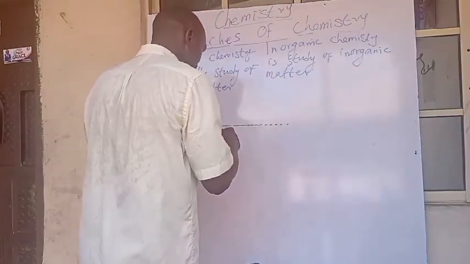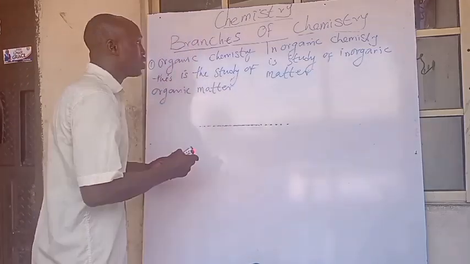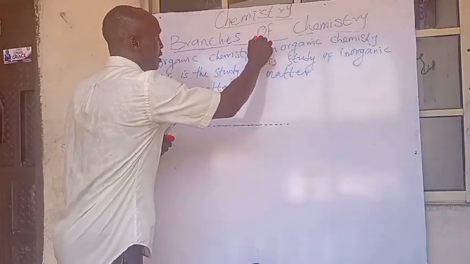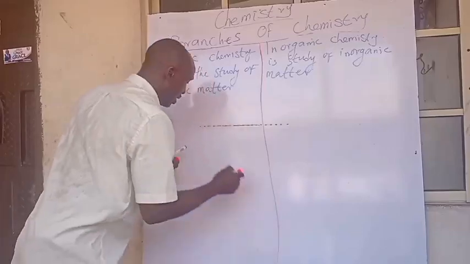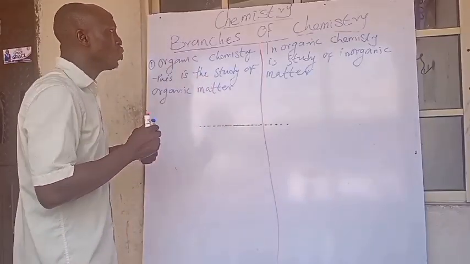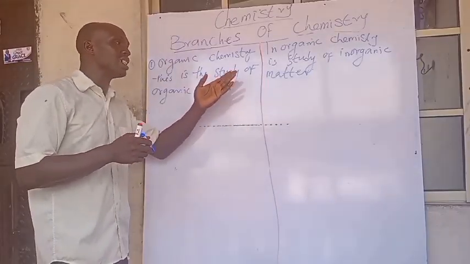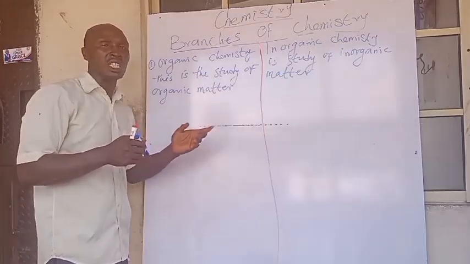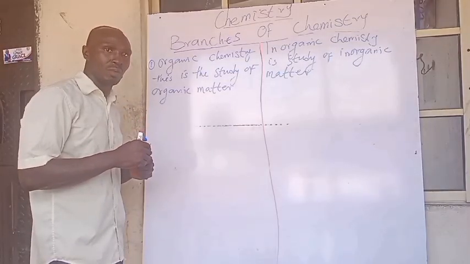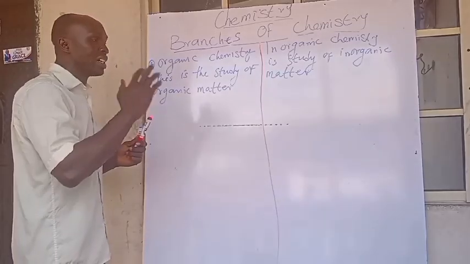So you can see clearly that for us to understand the difference, we must know which matter are organic and which matter are inorganic. So, how do we know an organic matter?